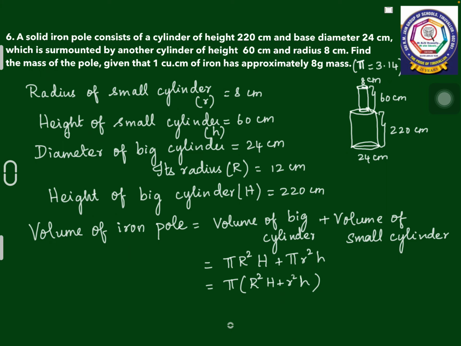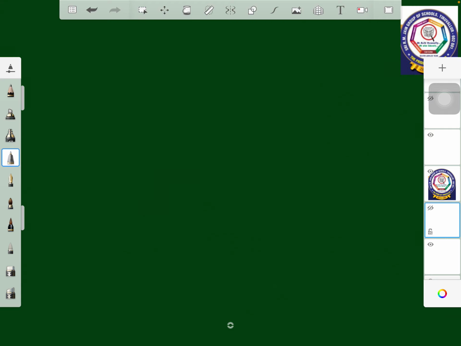Now I am going to substitute the values. Pi is given as 3.14 into capital R, which is 12, so 12 into 12 into the height 220, plus the small r value 8 into 8 into 60.